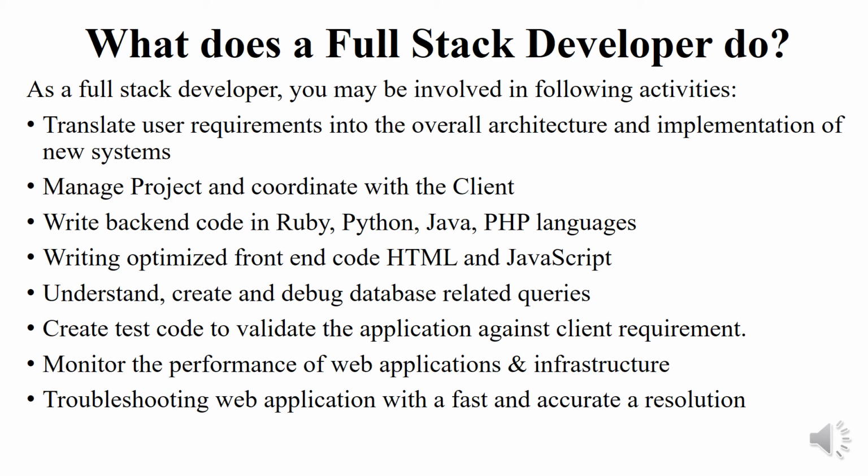They understand, create, and debug database related queries. They create test code to validate the application against client requirements. They monitor the performance of web applications and infrastructure. They troubleshoot the web application with fast and accurate resolution. So all these activities are related to the full stack developer.